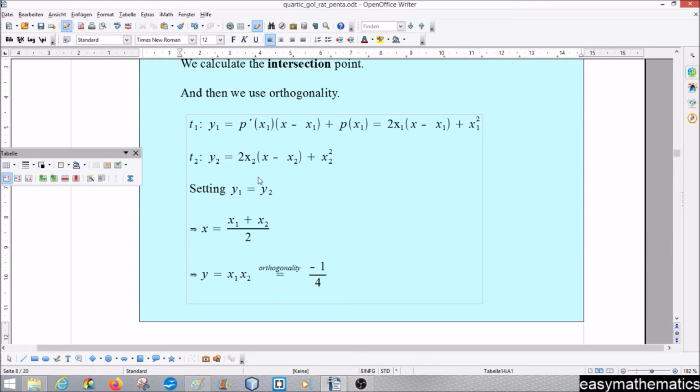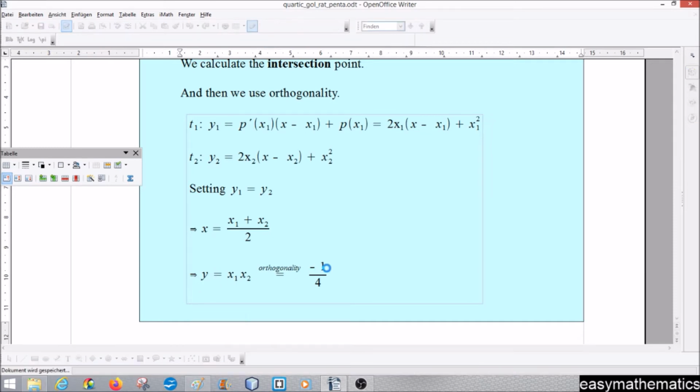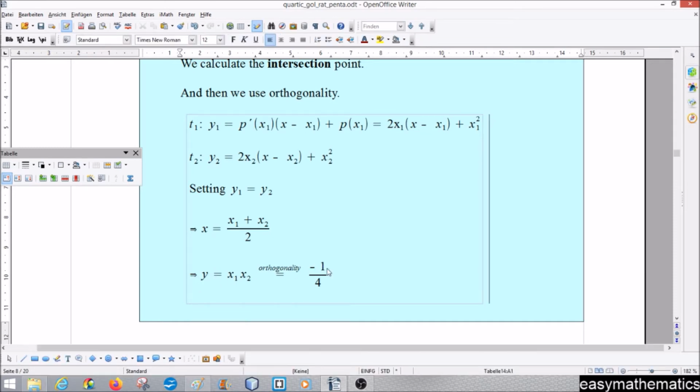And this shows that for orthogonal tangents, the y coordinate is constant. This is a pretty nice result in my opinion.